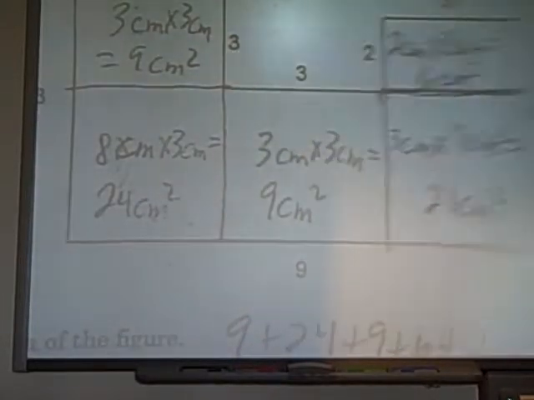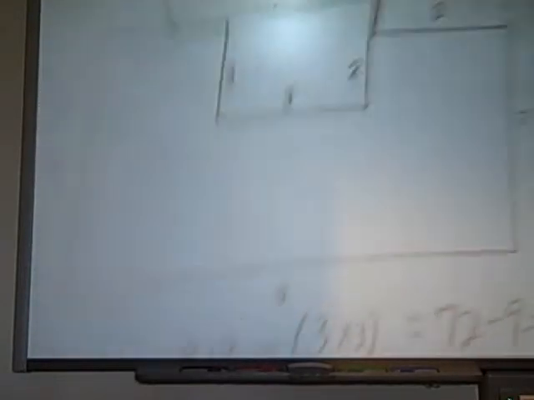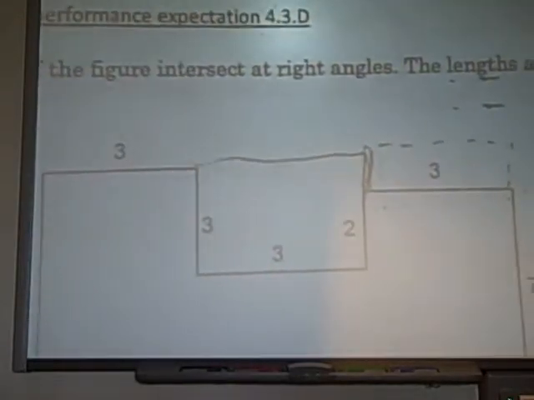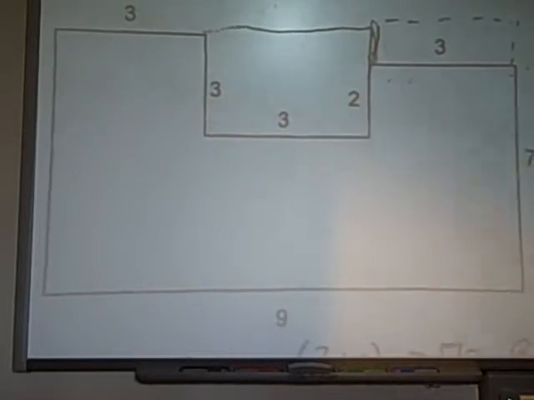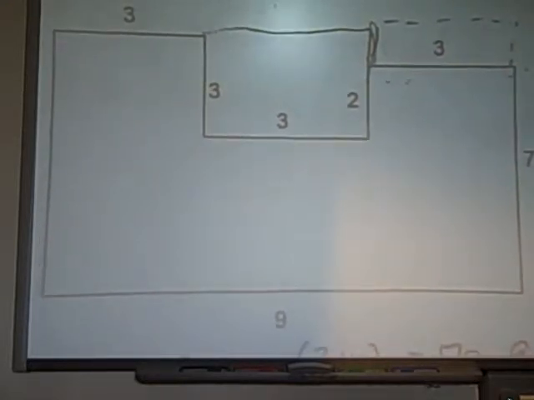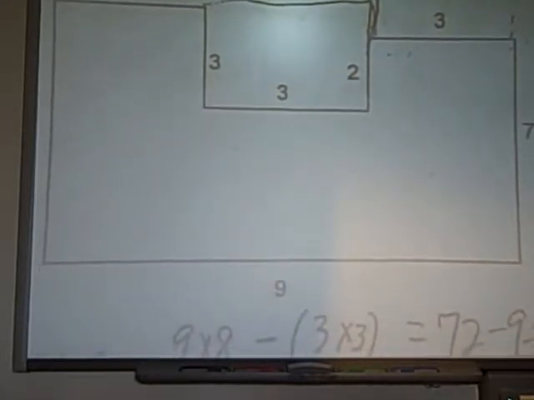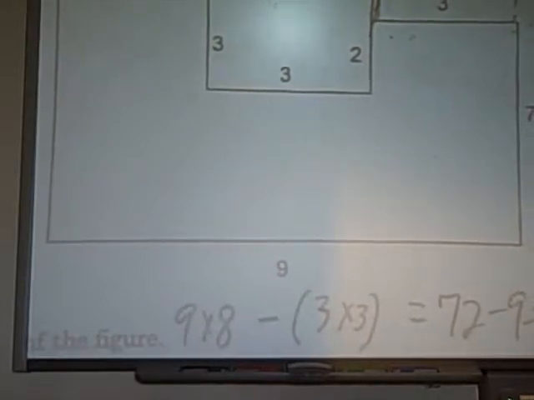Then student D, they got 63. So what's going on with this student? They're close. Correct answer 60. What was their strategy?